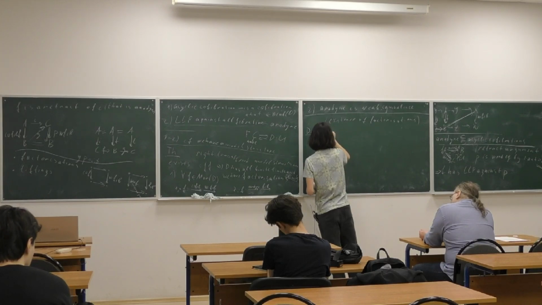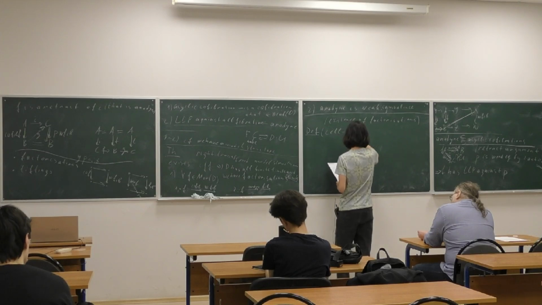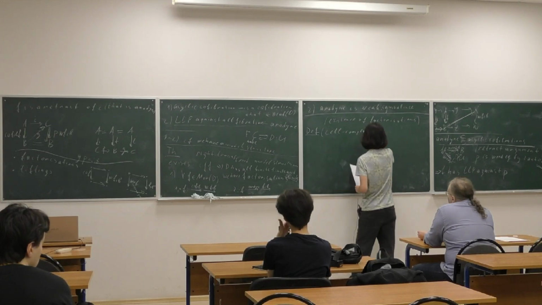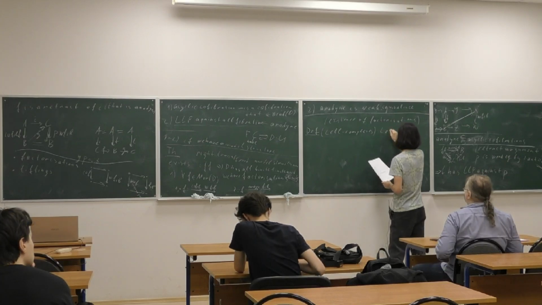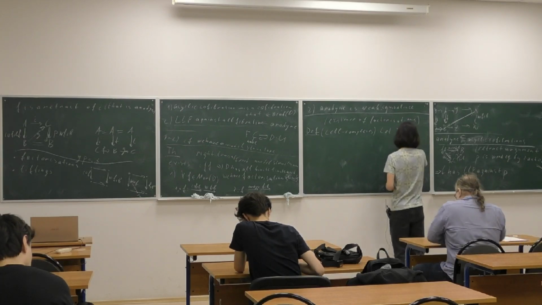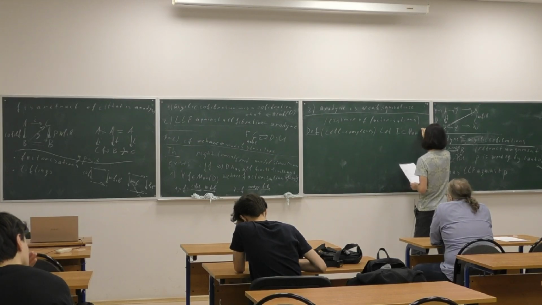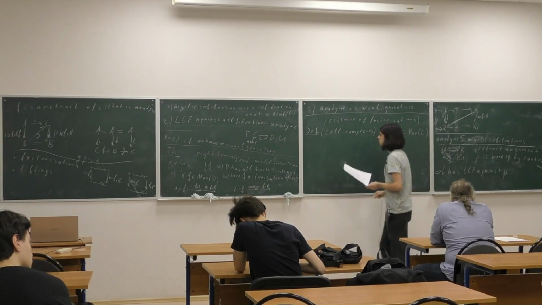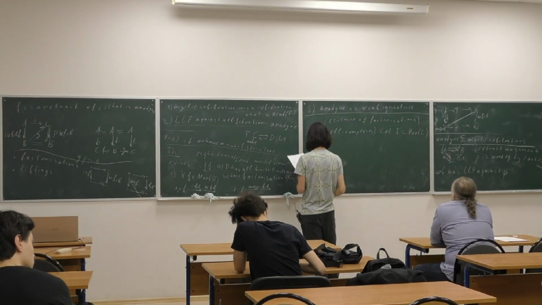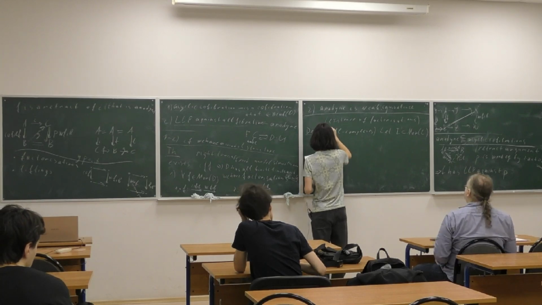First definition is a definition of cell complexes. Let I be a class of morphisms in some category C. Let's define relative cell complexes.